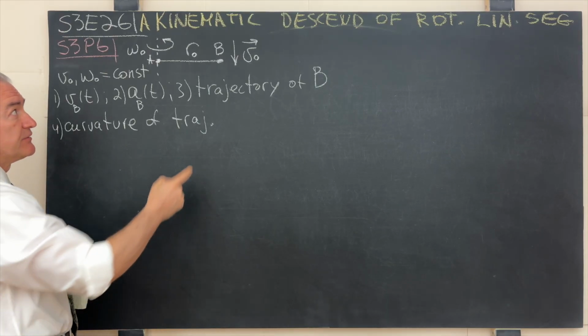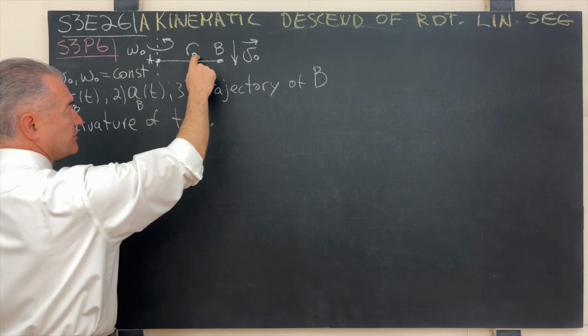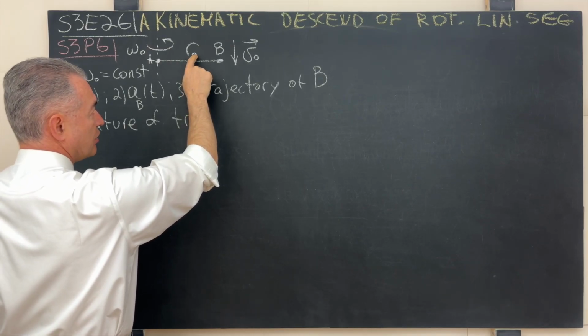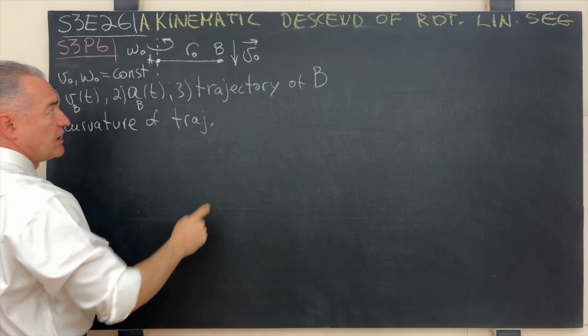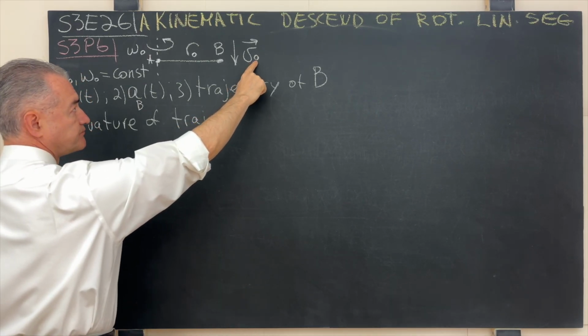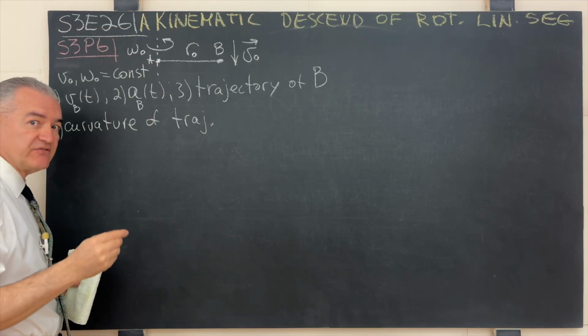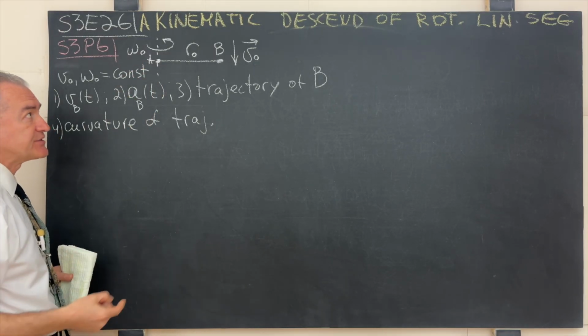And we're told that the line segment of length r0, here I designated the length of the line segment not with the symbol r but with r0, because anything with 0 subscript designates a quantity that does not vary over time or remains constant.